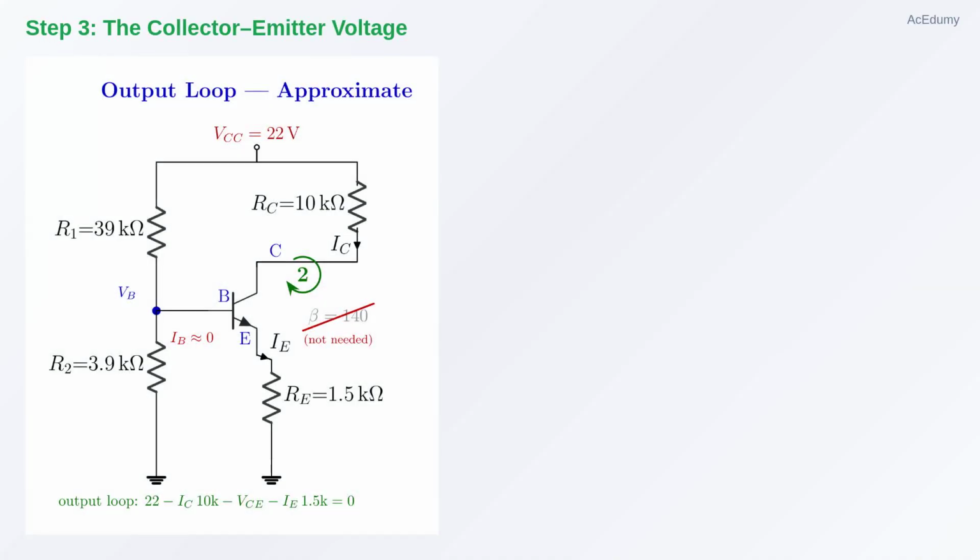Step 3. The collector-emitter voltage, the last unknown. Walk the output loop, exactly as before. Start at 22 volts, down through R_C carrying I_C, across the transistor, and down through R_E carrying I_E. The collector resistor drops 10K times 0.867 milliamps, which is 8.67 volts.